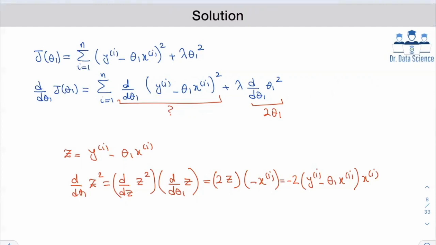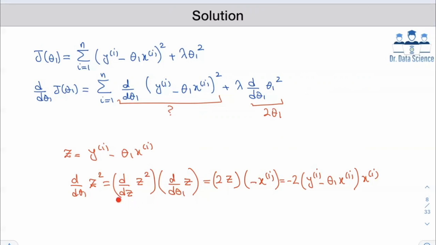And z is defined as yi minus theta 1 xi. So now what we want to do is to take the derivative of z squared with respect to theta 1. And we know that we can use the chain rule and first find the derivative with respect to z, and after that, find the derivative of z with respect to the original variable, which was theta 1.